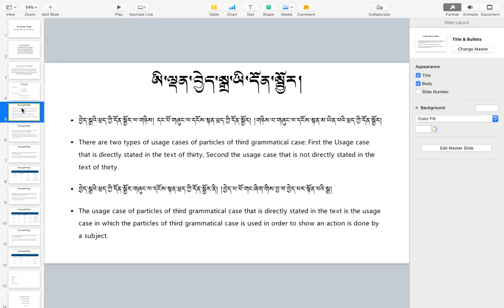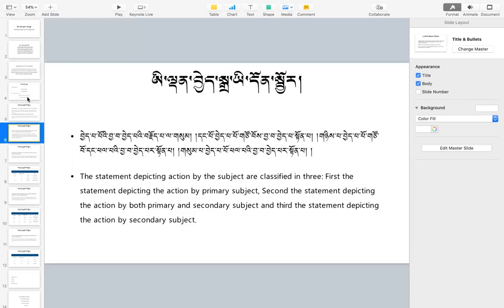Please understand that there are more inferential usage cases than directly stated usage cases. All of these are understood by observing the spoken language, the writing, and the grammatical structure of the Tibetan language, and then made apparent by the text of the Armor of Speech.